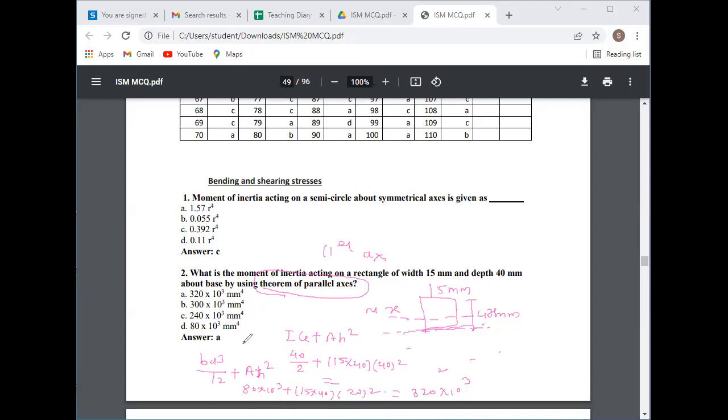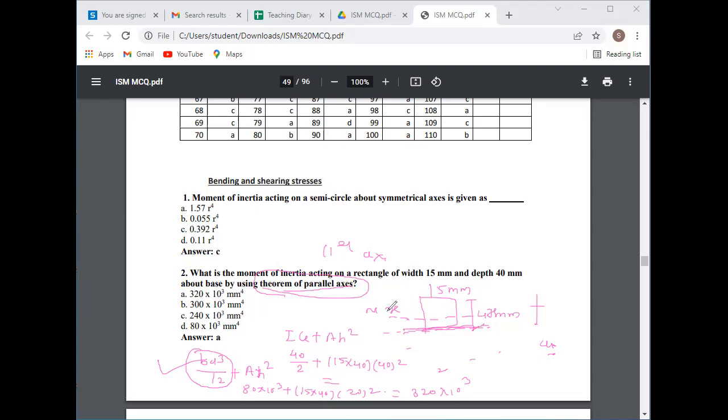Yes, so by using the parallel axis theorem you have to calculate first the moment of inertia for that particular section, and after that AH square. Okay, so area for that particular section into H square. H is nothing but the centroid of this section, so centroid is 40 by 2. So this equation is related to the parallel axis. That means you have to calculate moment of inertia about the base.